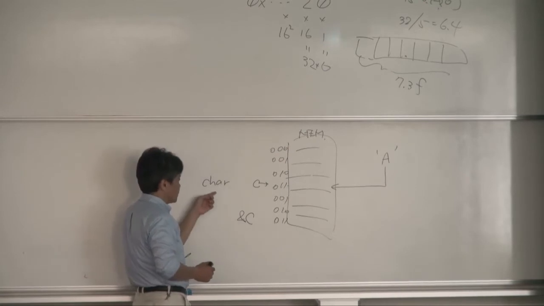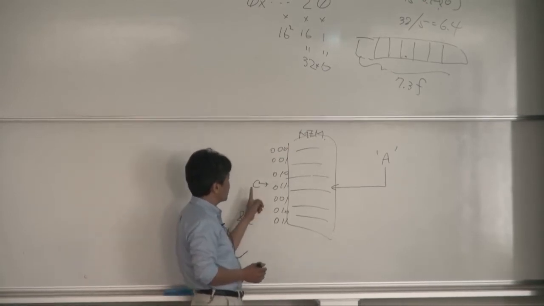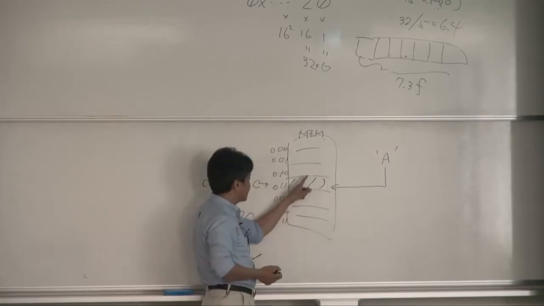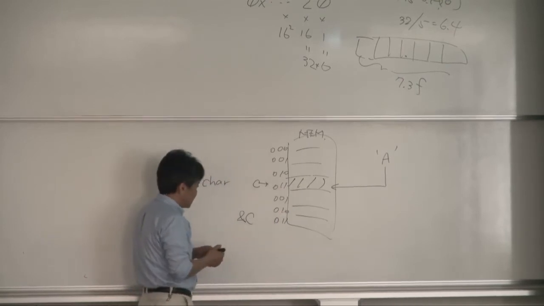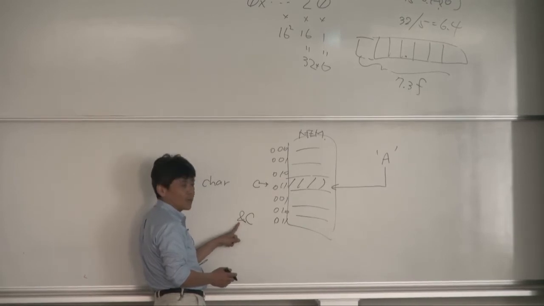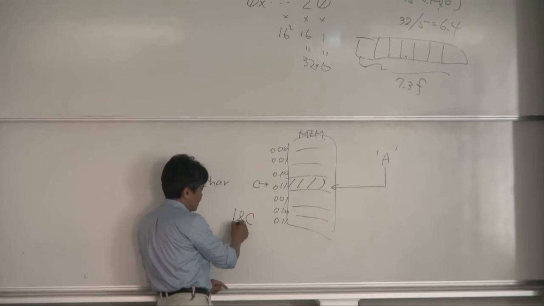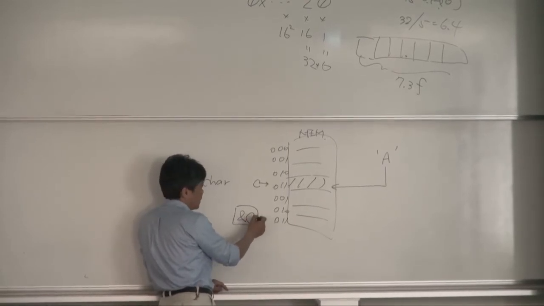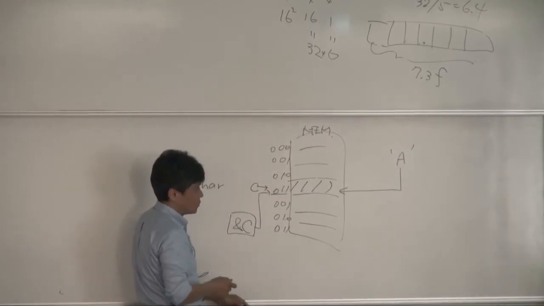In this case, variable c has one box prepared, and this location is 011. If you use the ampersand for the c variable, actually this is treated as the address 011.